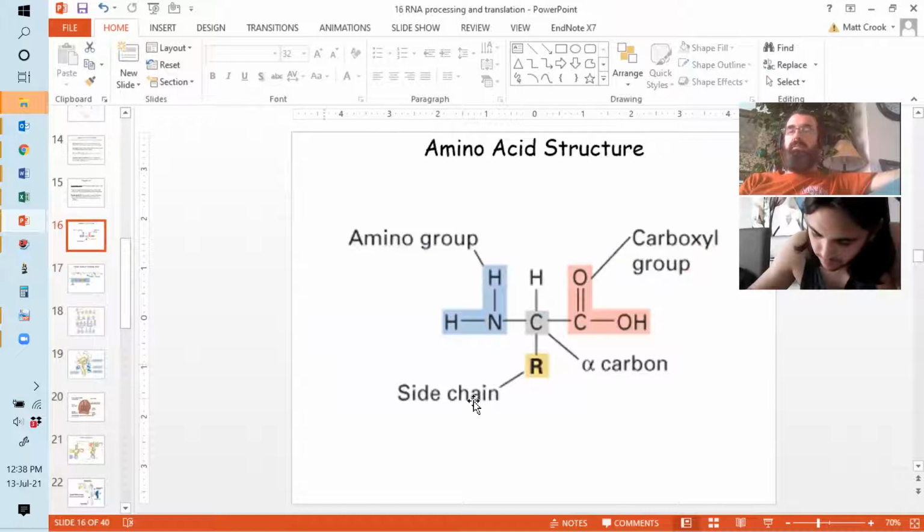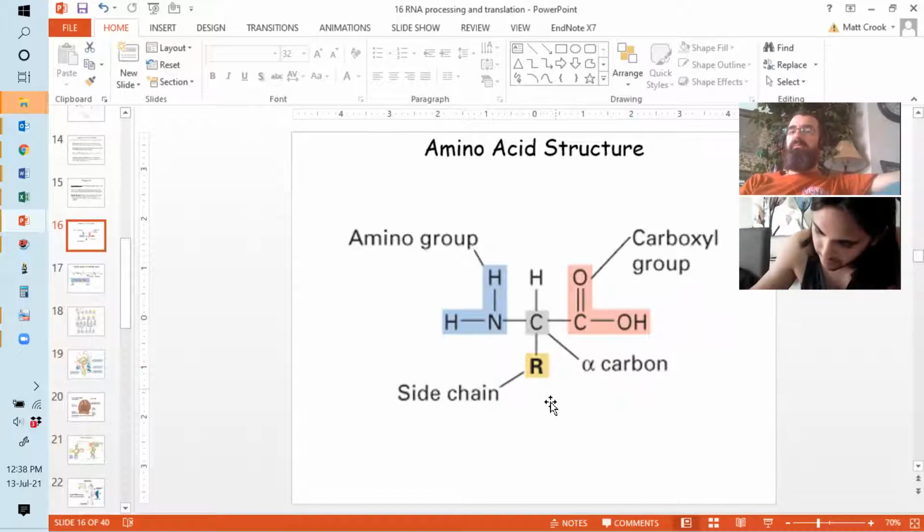So if we bounce back up here, that's what I mean by amine group and carboxyl group. Every amino acid has this same backbone, consisting of an amino group, an alpha carbon, and a carboxyl group.